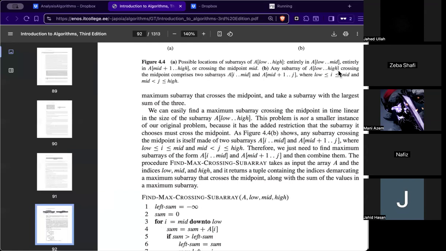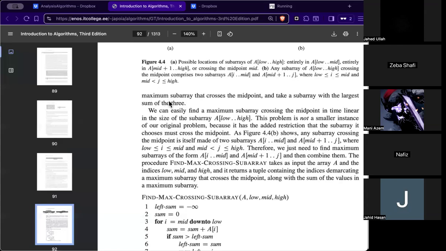So in B, they say any subarray of low to high crossing the midpoint comprises two subarrays because we have to go from I, which is the lower bound of the maximum subarray, to mid, and then mid plus 1, which continues in the maximum subarray over to j. And so now we see that I is between low and mid, and j is also between mid and high.